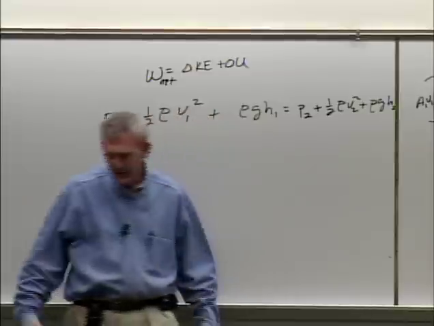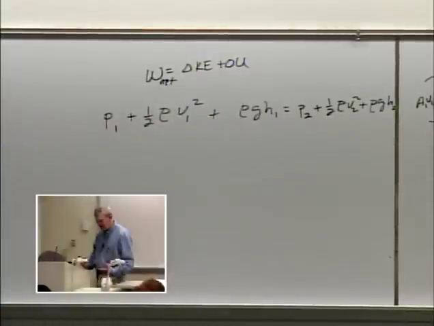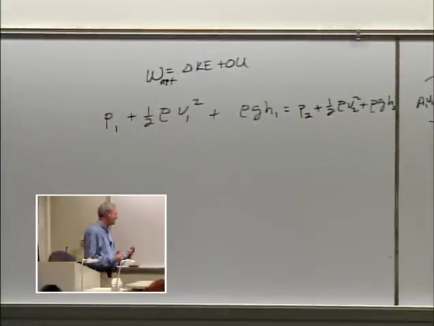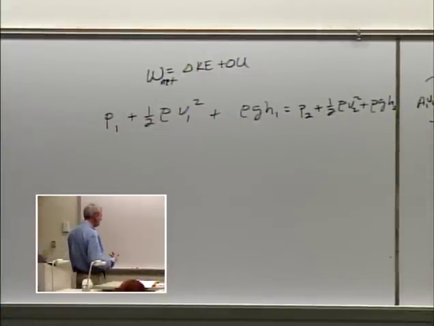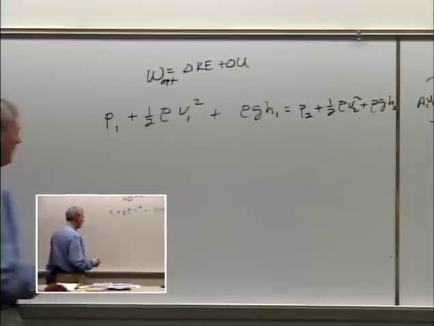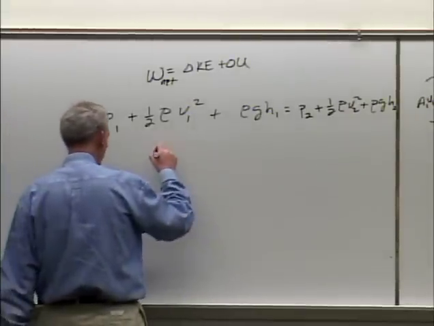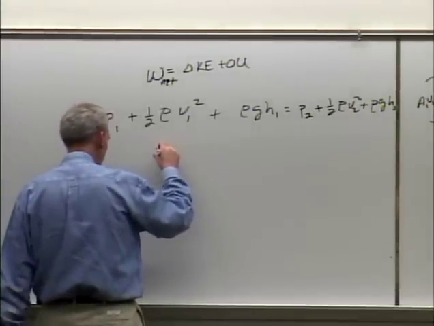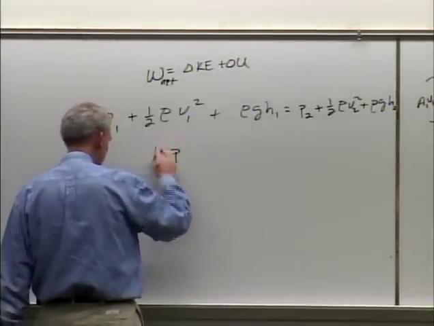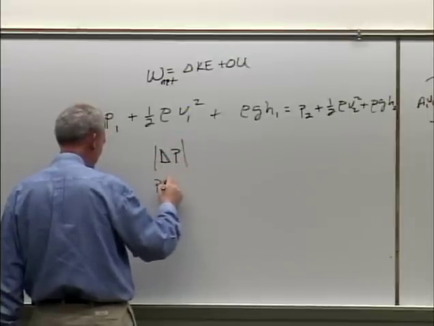Now, mainly what we're looking for is, what's the difference in pressure between two things? That's what we're always looking for. What's delta P, which is basically P1 minus P2?